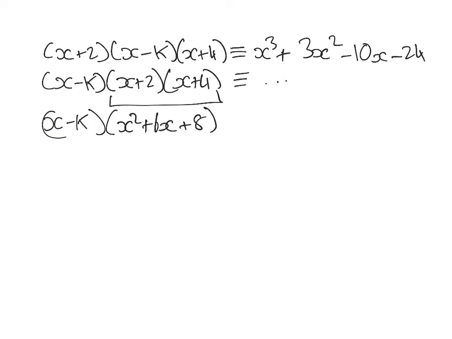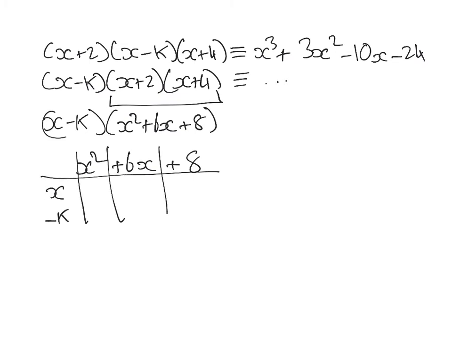Okay, and then I'm going to use the grid method. Okay, so I'm going to go x squared plus 6x plus 8. And I'm going to go x, and I'm going to put a minus k there. I'm going to do that. Okay, and I'm going to multiply this all out. So, this is where the grid method makes this really nice and easy.